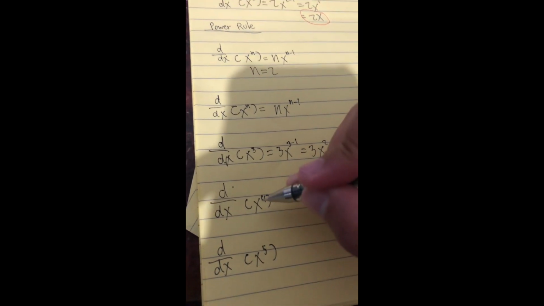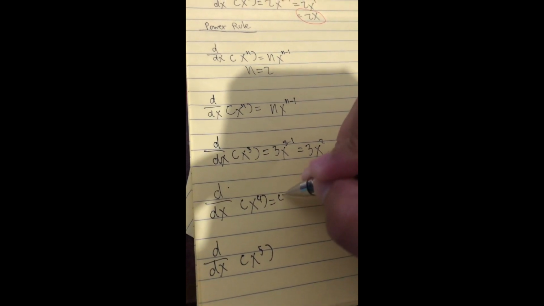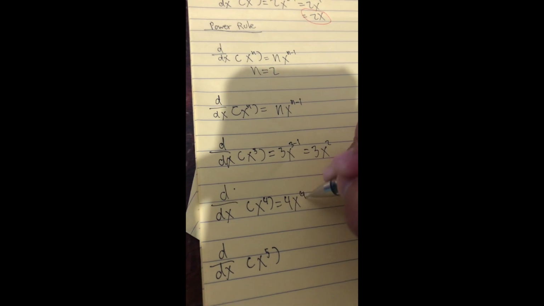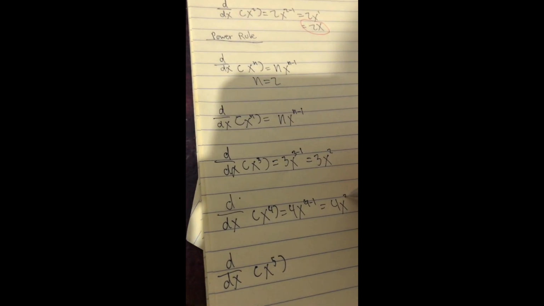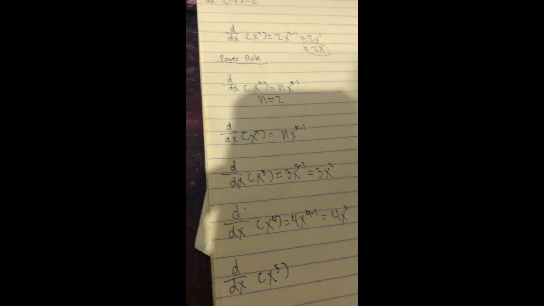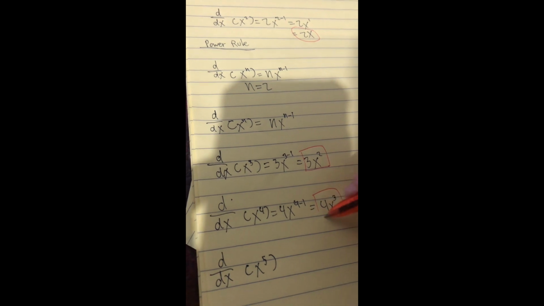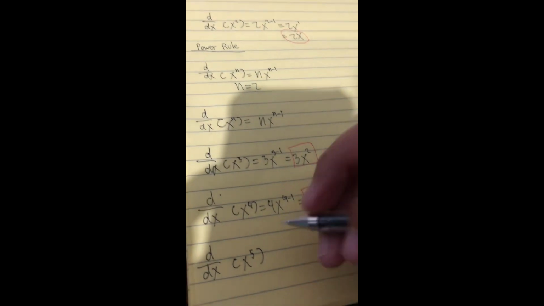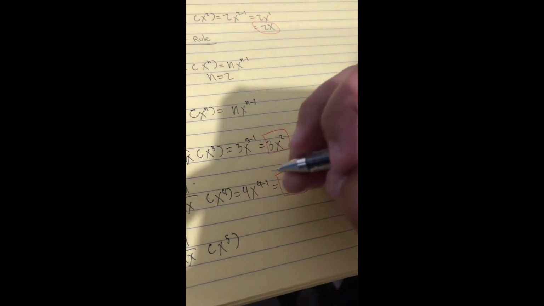Next is x to the 4th power: the derivative is 4x raised to 4 minus 1, which is 4x cubed. Oh, we forgot to box the answer. Next, what is the derivative of x raised to the 5th power?